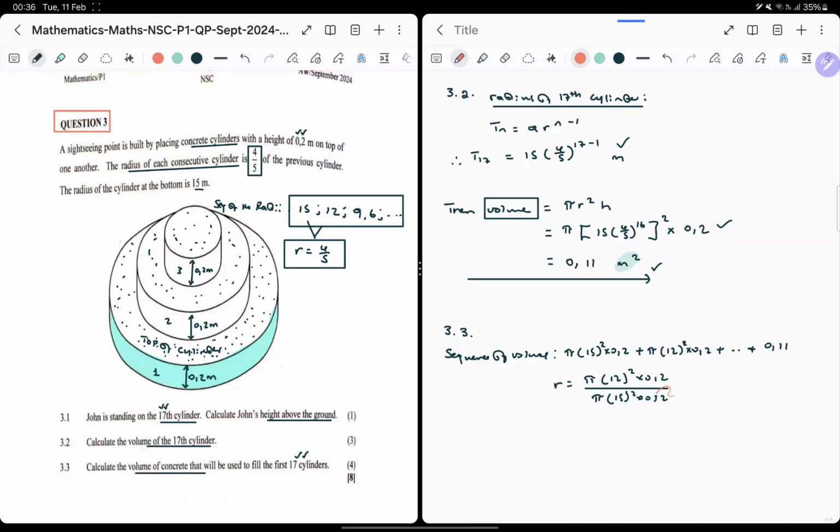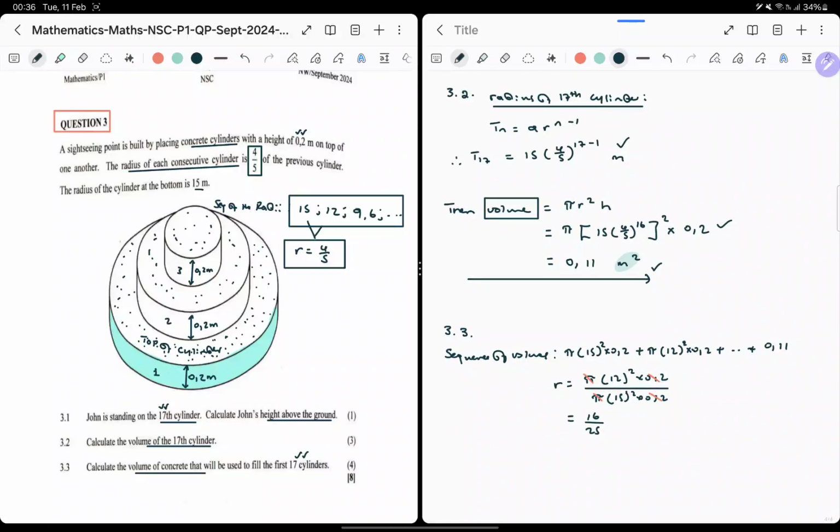And of course, the 0.2s and the pi's will cancel out, and all that is left is for us to handle the business now. So let's say 12 squared divided by 15 squared. We get 16 over 25.